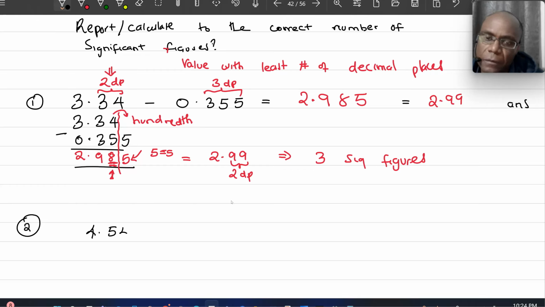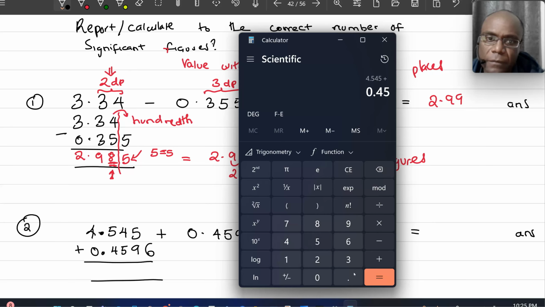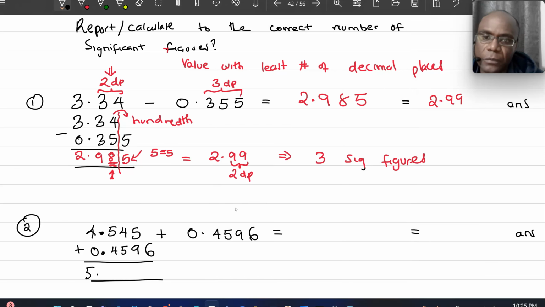We are adding. So that will be 4.545, and I'm adding 0.4596. The answer is 5.0046.